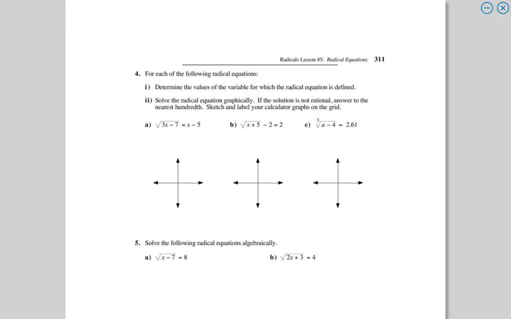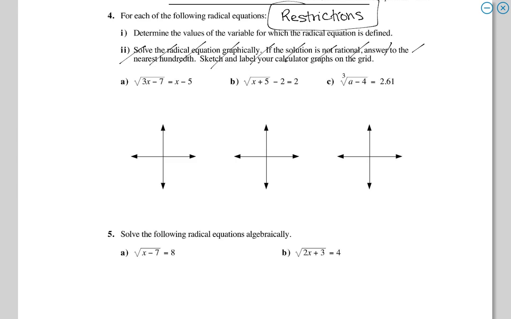Okay, so we said number 1, and I like number 4, but you just have to do part I. You don't have to solve it graphically. So part I is just this restriction stuff. So for part I, this is what you need to check.